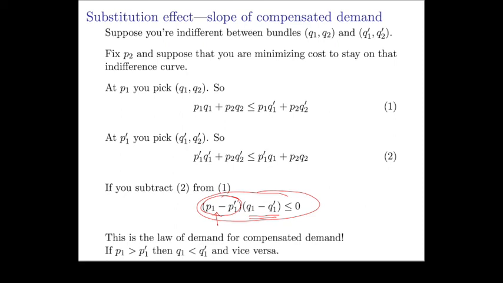Conversely, if the first part is a negative number, so the price went up, then the product has to be negative, so the second part has to be positive. So if the price of good one goes up, then the compensated demand has to go down. Conversely, if the price goes down, the compensated demand has to go up. So what we've shown here is that compensated demand has to satisfy the law of demand.